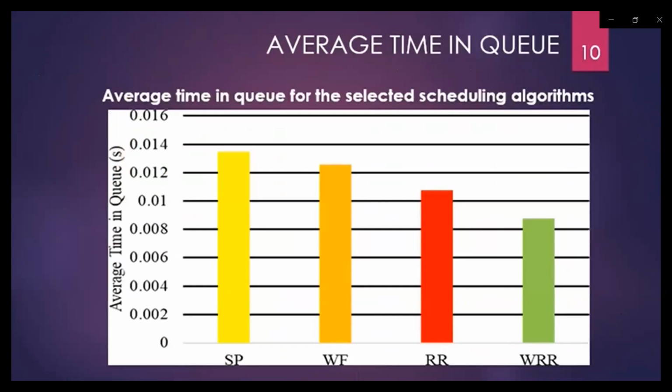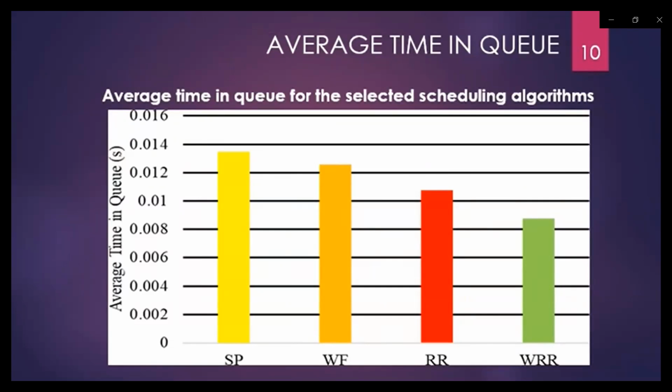Then we started studying the average time in queue. We started that by demonstrating this figure, which shows the average time in the queuing process in the wireless gateway for the strict priority, I mean for SP, and for the weighted fair, round robin, and even the weighted round robin.